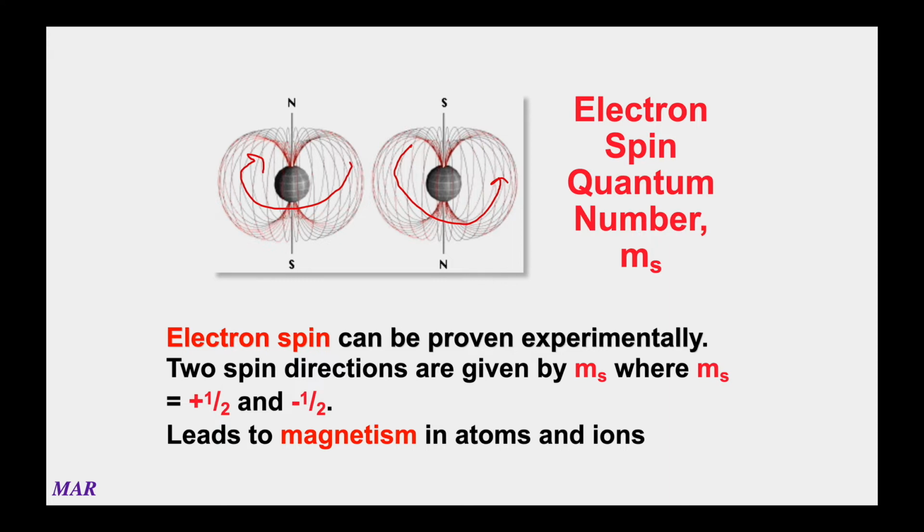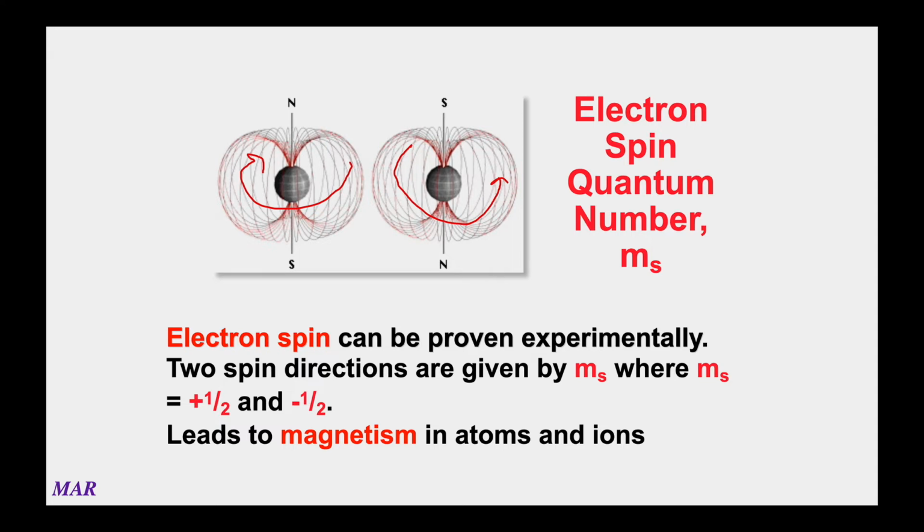A spin of positive 1/2, which is represented by the electron on the left, is a little bit lower in energy than the spin on the right, which is the spin of negative 1/2. It's not a huge difference in energies between positive 1/2 and negative 1/2, but it is important. And believe it or not, this can lead to the magnetism that's observed in atoms and ions.